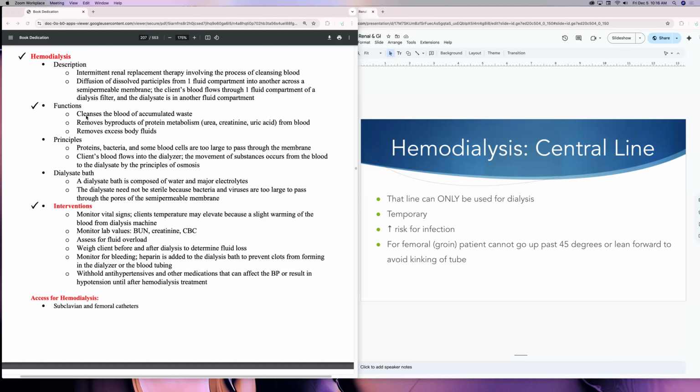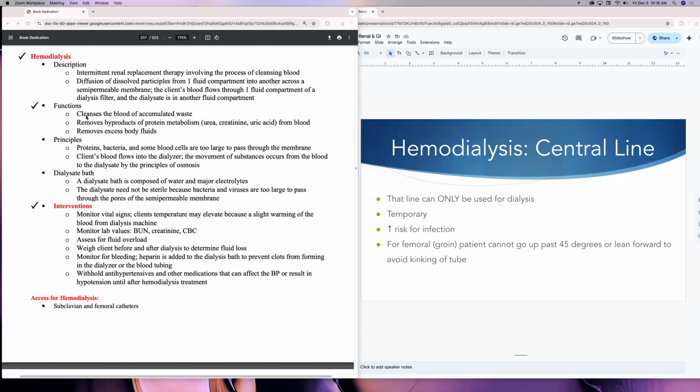The functions of hemodialysis are to clean the blood of accumulated waste and to remove the byproducts of protein metabolism. Remember, when somebody has kidney failure, they cannot break down protein the way they should, and so that's why somebody with kidney disease is going to be on a low protein diet.